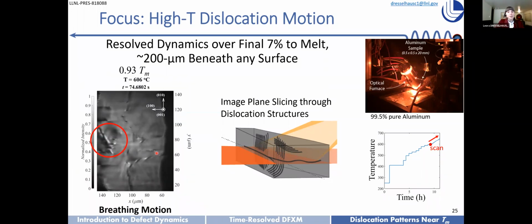Now looking a little closer at what these movies are, you'll see at 93% of the melt that we see nothing very substantial. This is indicative of the beginning of this process, as this breathing motion of the features encodes information about dislocation structures that are just beyond our resolution and sensitivity in this particular format.